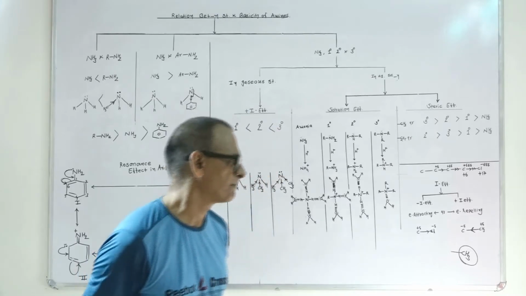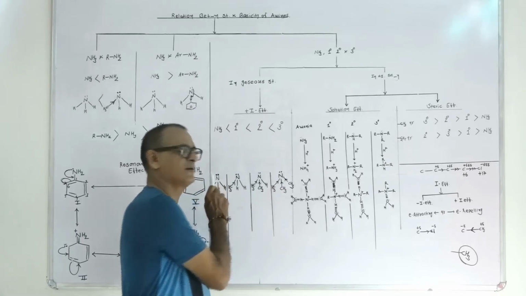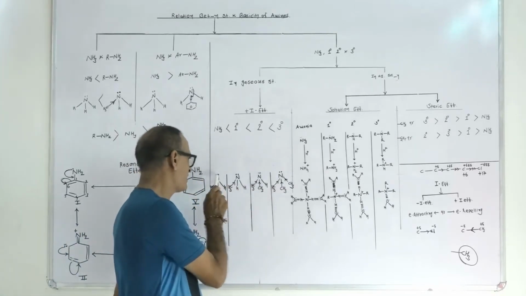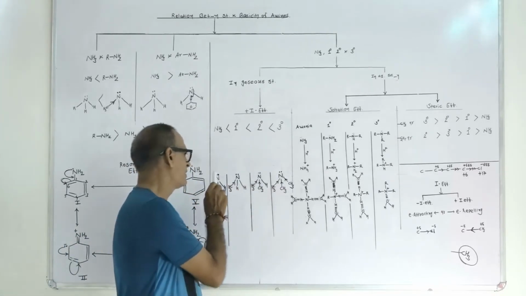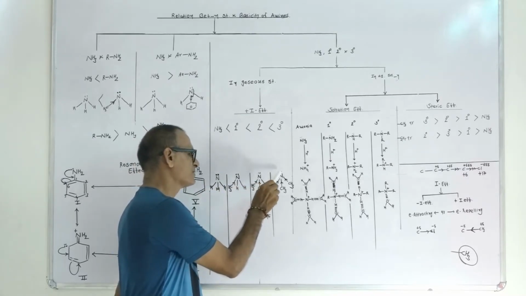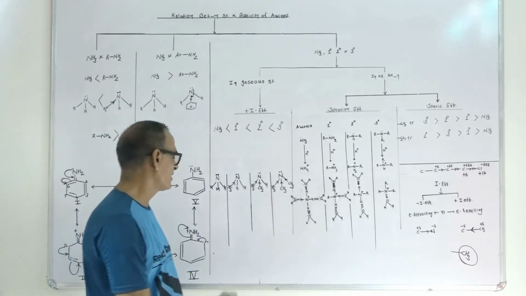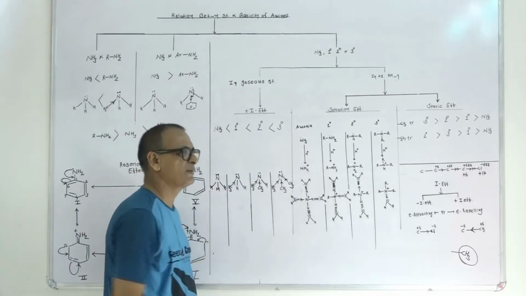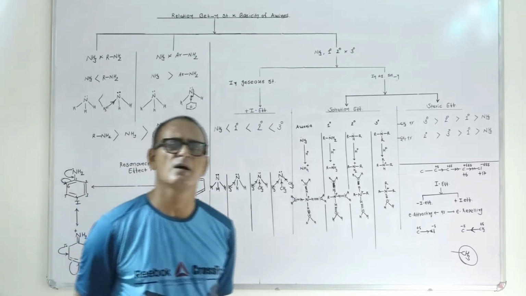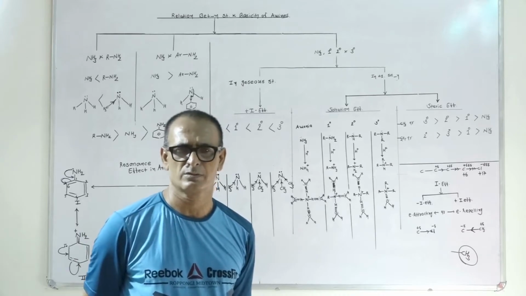One more thing. In all types of ammonia as well as amines, one lone pair of electrons is present on nitrogen atom. That's why ammonia, primary amine, secondary amine and tertiary amine are always ready to donate a pair of electrons.